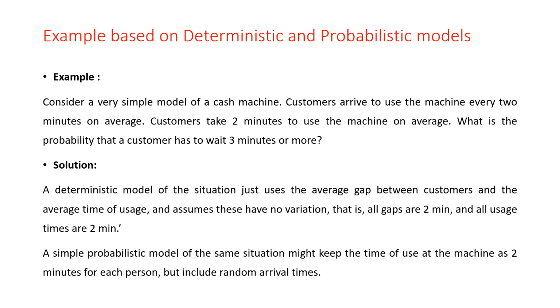The first customer takes 2 minutes, and after completion, the second customer has another 2 minutes. So this model assumes that someone arrives exactly every 2 minutes and uses the machine for exactly 2 minutes.